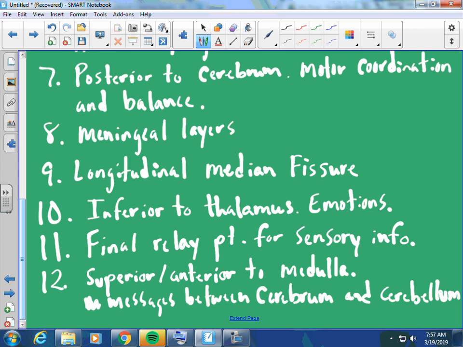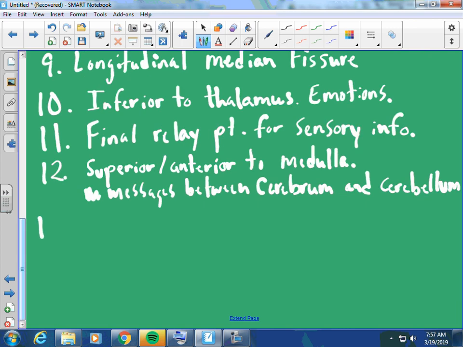Cool. And number 13, what do we got here? What are the raised portions of the cerebrum called and what are the grooves? So the raised portions are called what?